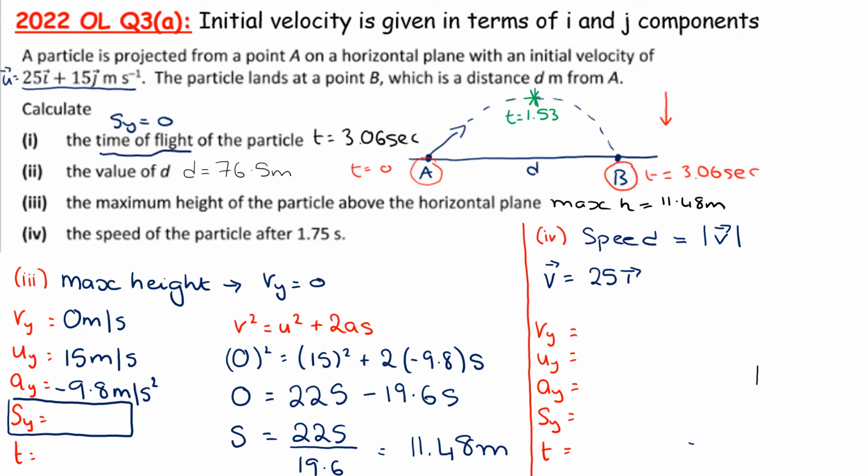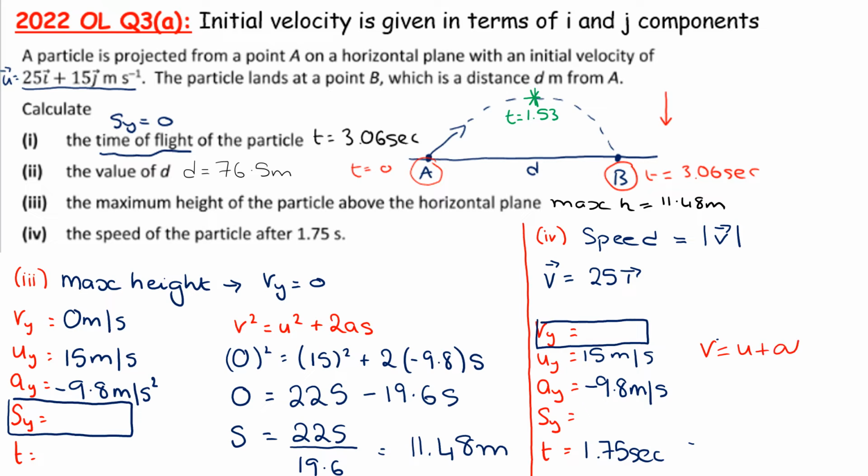They want it after 1.75 seconds, so let's fill that in. I don't know my s. My a is minus 9.8 meters per second squared. My initial velocity hasn't changed because I'm still starting this question at the same point. And I'm looking for v. The formula we're going to use hasn't got s, so v is equal to u plus at.